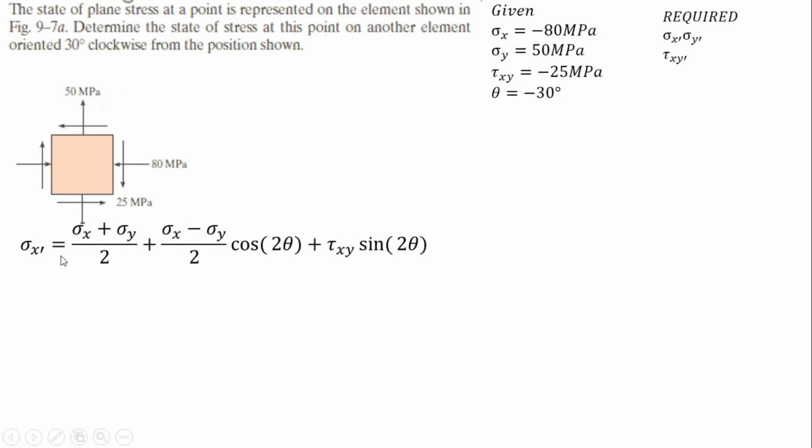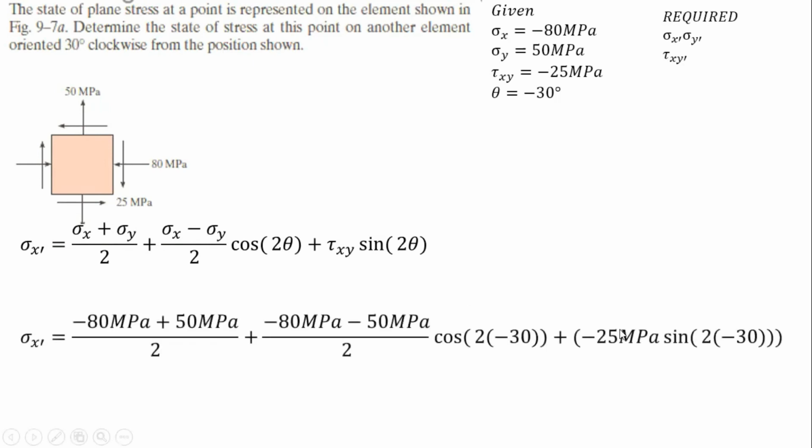So, again, ito yung formula natin. Sigma x prime is equals to sigma x plus sigma y divided by 2 plus sigma x minus sigma y divided by 2 times cosine 2 theta plus tau xy sine 2 theta. And then, input lang natin dito no, sa problem natin, yung mga given parameters natin.